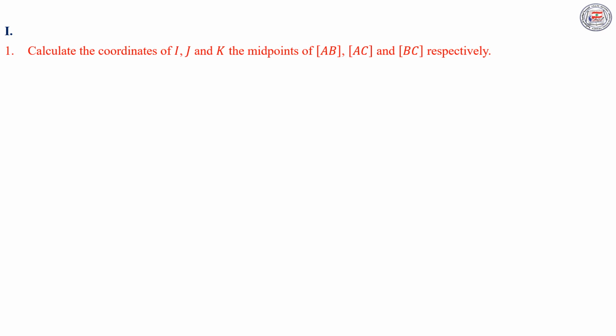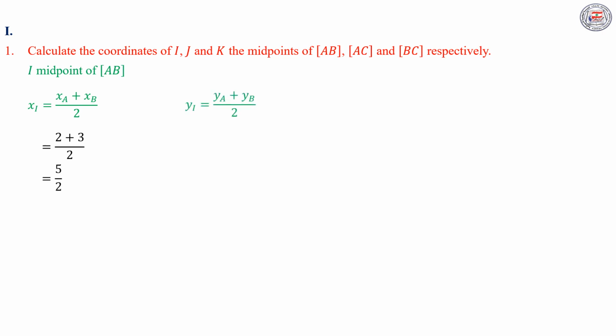BC respectively. As a reminder, if we have to calculate the coordinates, then we have to calculate x and y of each point. I is the midpoint of AB, then xI equals (xA plus xB) over 2 equals (2 plus 3) over 2 equals 5 over 2.